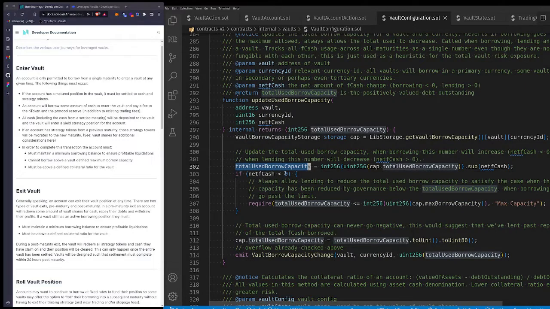We will just increase the total used borrow capacity by the amount borrowed, and if it exceeds the cap, we will revert. So borrows across maturity are just added together here. This is mainly like a heuristic, so we don't need to be exactly precise here. The reasoning is that Fcash in different maturities is typically not fungible, but here we just make that assumption.